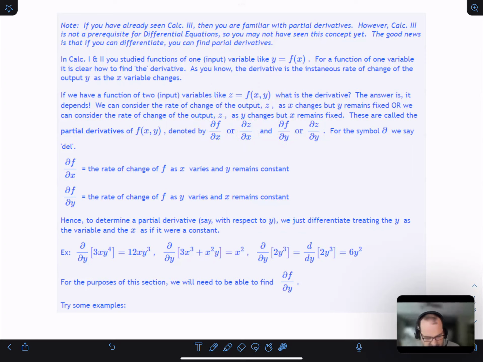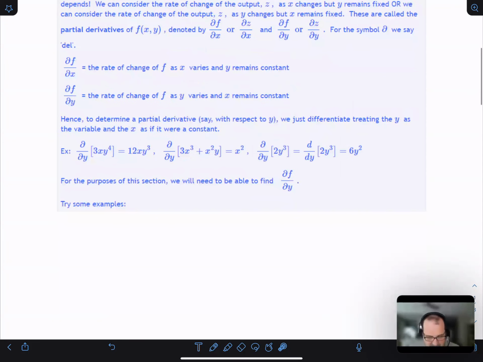So for the purposes of what we need, we are interested in del f del y. Del f del y is the rate of change of the function's output as we change y, but keep x fixed as a constant. So we are actually interested in this one for our purposes in this section, del f del y.